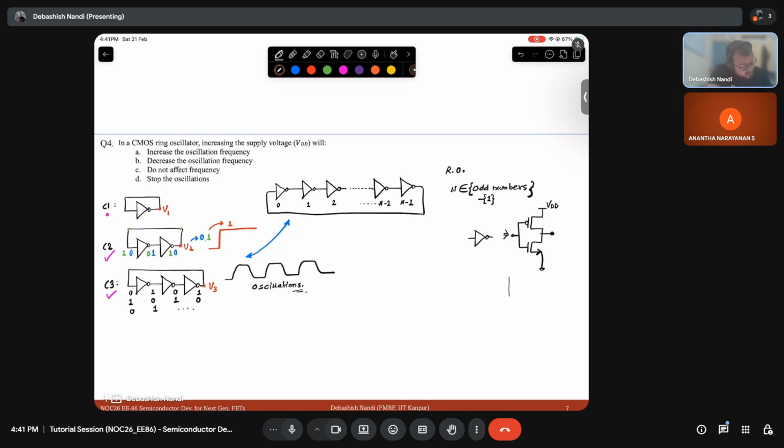What is the inverter VTC? This is Vin, this is Vout, right? Inverter VTC looks something like this. This is unloaded, and this is determined by the current balance between this and this. Now, what is the line where input and output are same?